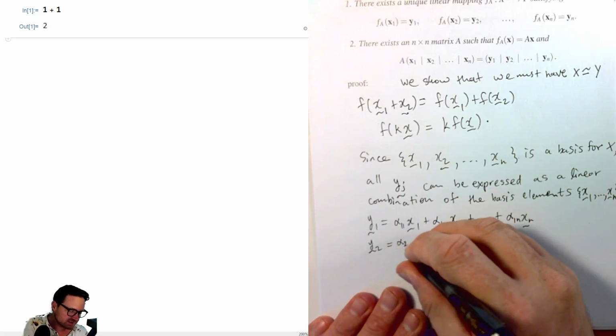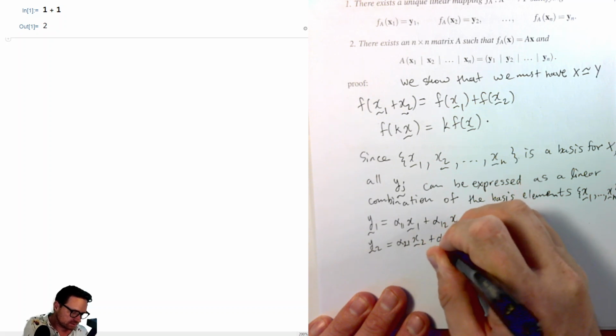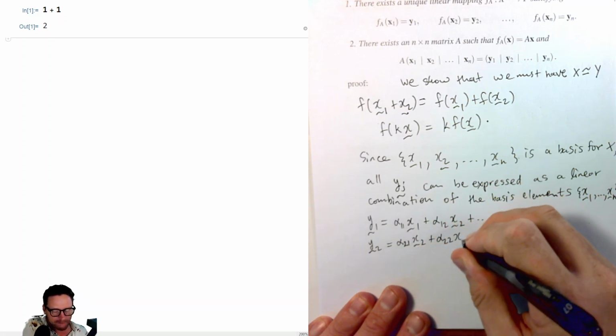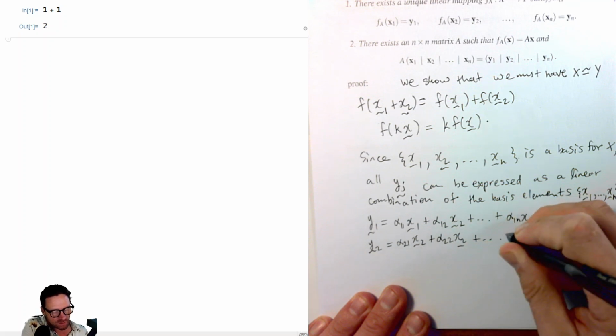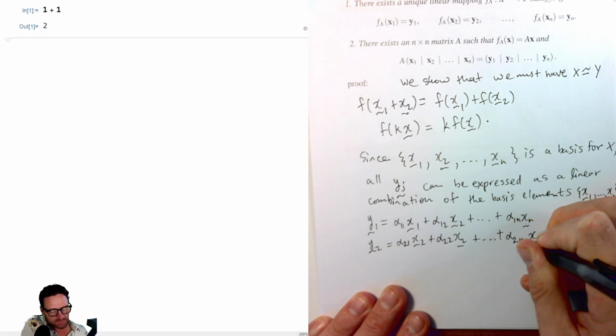So there exists alpha 2 1, alpha 2 2, and so on up to alpha 2n.